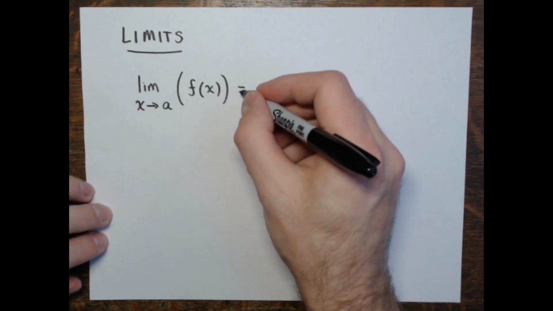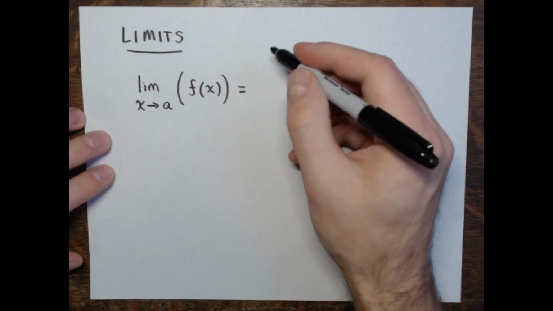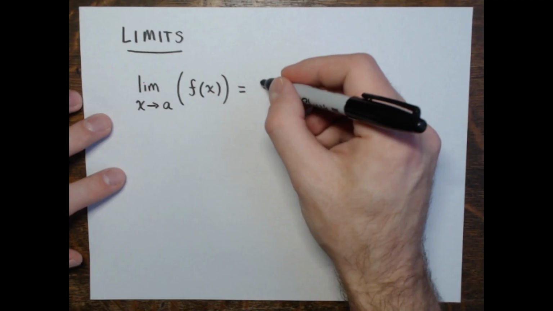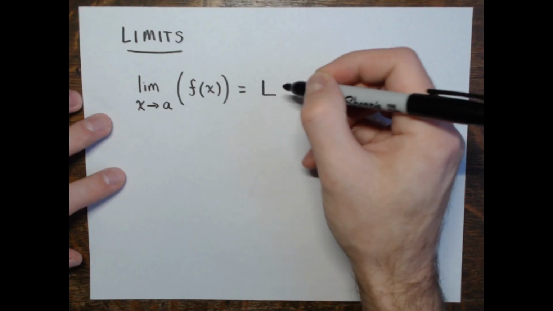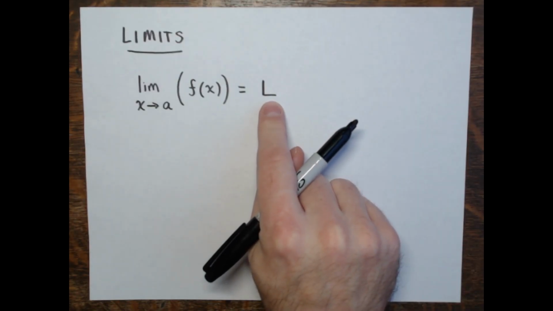Now, when we have this notation, we're going to say that this limit approaches some value called L. I'll use capital L for the word limit.